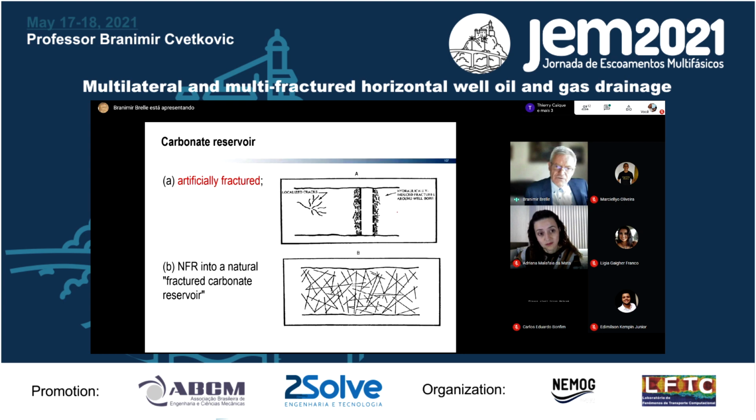Artificial fracture, we talk about that today, but we model this artificial fracture, so that we put the horizontal well and then we model it. Up to now, we have something else. We have to make something that is going to be modeled from this multilateral concept, which is a natural multilateral concept.